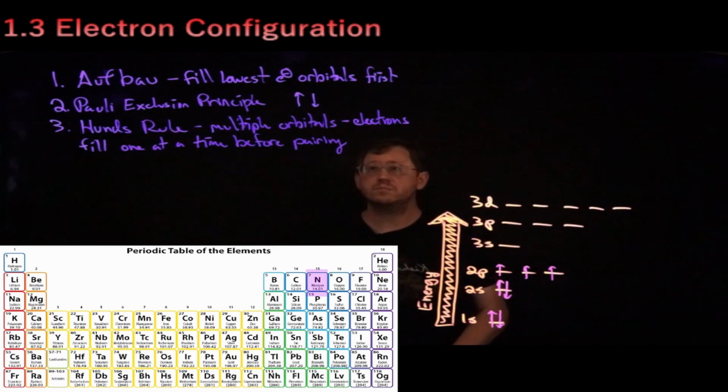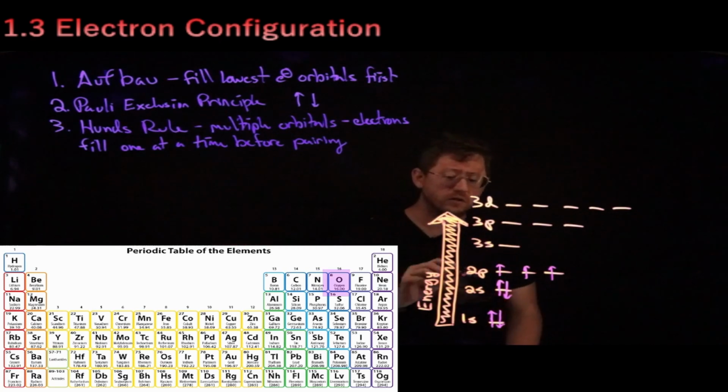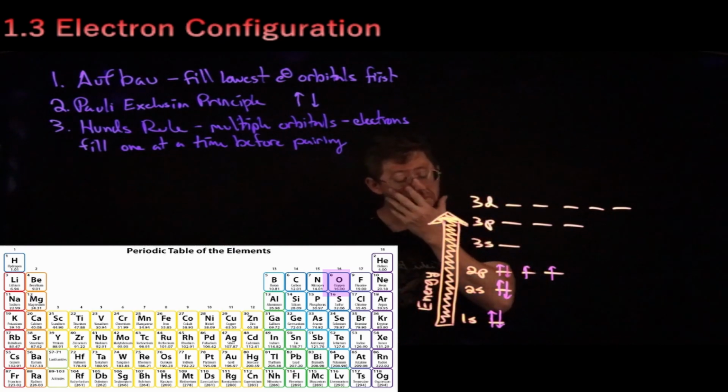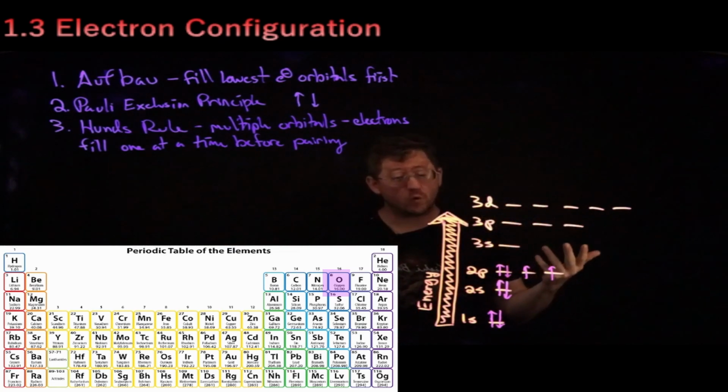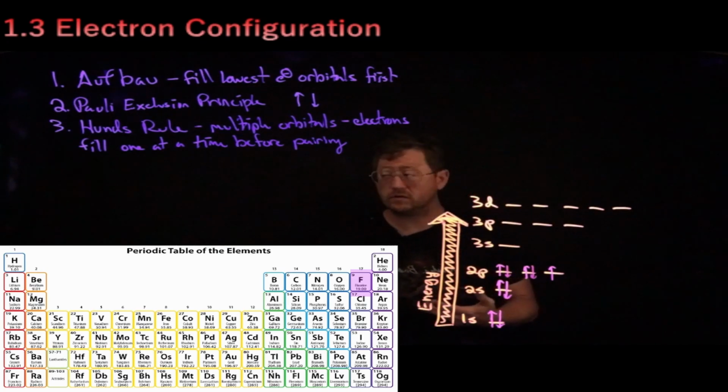Now we can re-invoke Pauli's exclusion principle as we go from nitrogen to oxygen. And so we go to 2p4 for oxygen. For fluorine, 2p5.